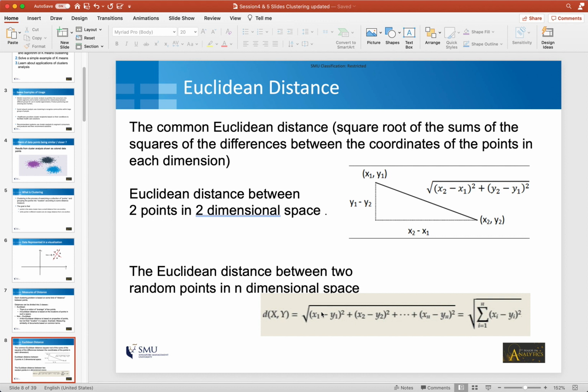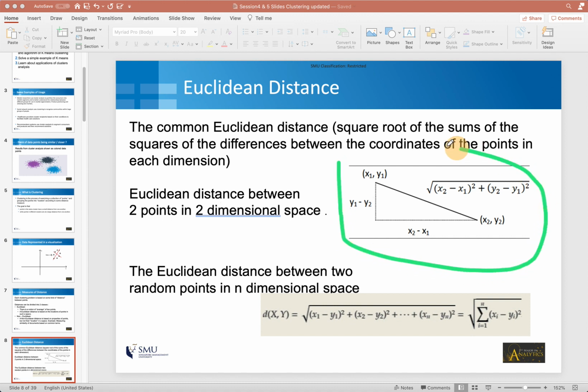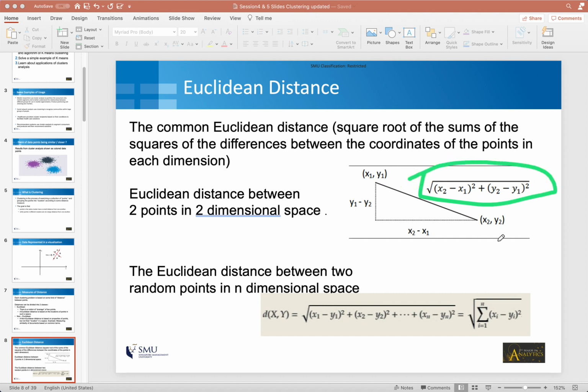The main example of Euclidean distance that we will be talking about is the Pythagoras theorem, and this is how you calculate distance based on it. This is something that you all already know. You have 2 points, x1, y1 and x2, y2, and this is the formula that you can use to find the distance between them.